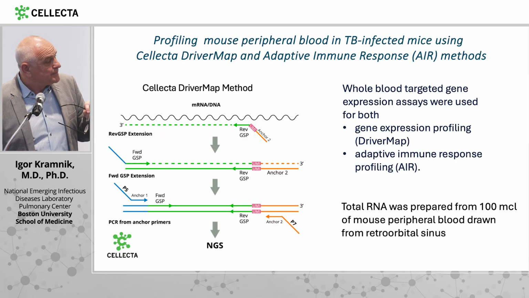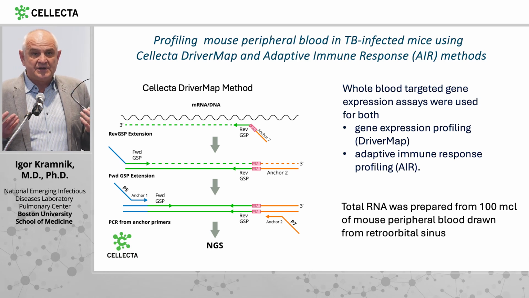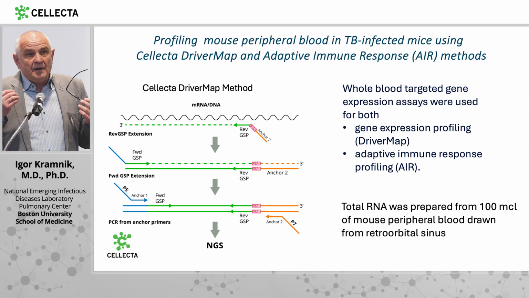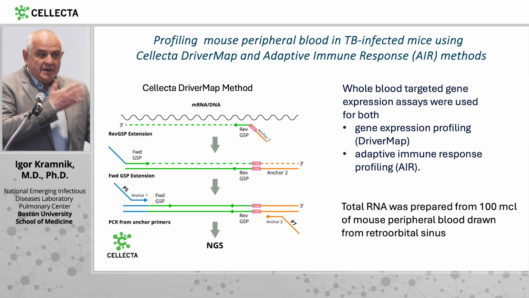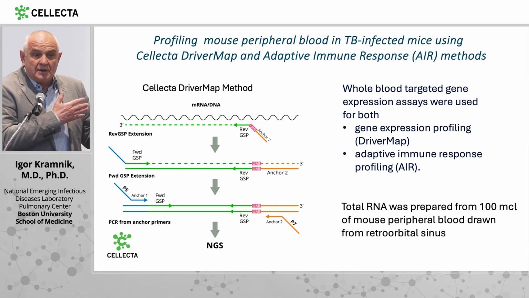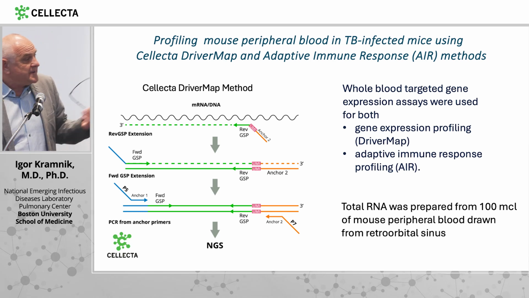The problem with this model that we really started to use a lot is that it progresses very slowly and it's not synchronized in different animals because there is some randomness, and mice develop infection maybe after a couple of months or maybe after 6 months, etc. So it's a major inconvenience.